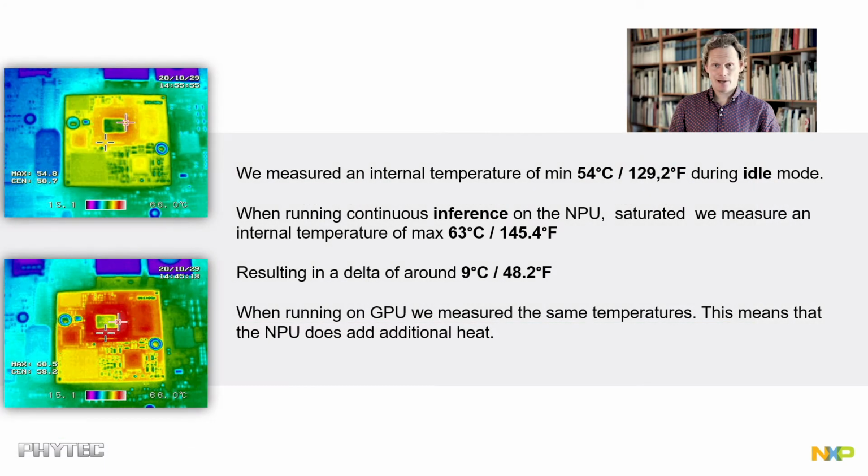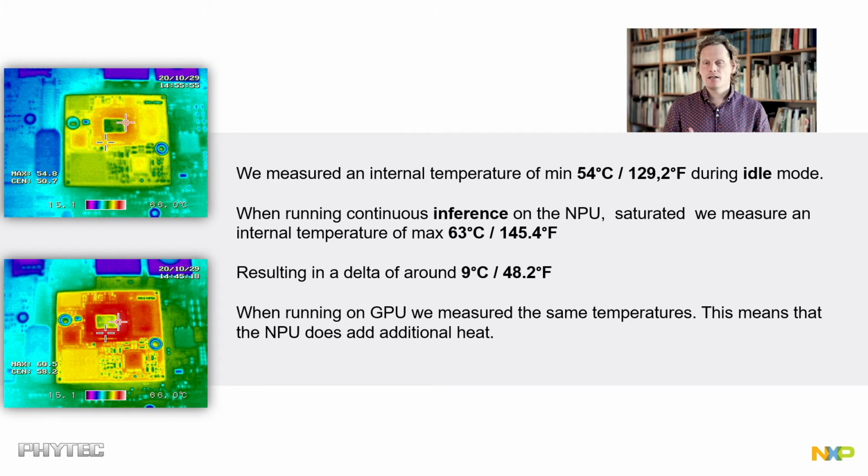Let's look at the temperature range. If we have the whole device running in idle mode, we get 45 degrees Celsius, or in freedom units it would be 129 Fahrenheit. And if you then run inference on the NPU, we get, after of course a warm-up time, 36 degrees Celsius as a maximum, or 145 degrees Fahrenheit.